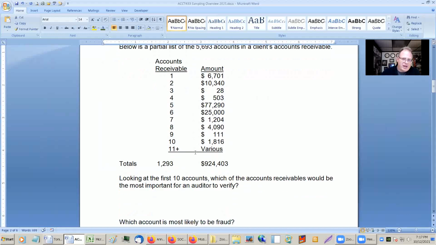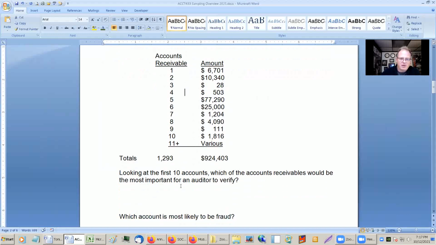Looking at 1 through 10, which ones would be the most important for you to look at? If you're an auditor, which one of these 10 items is probably going to get your attention? The ones with the high dollar value. 5 and 6 probably would be the two that you'd really want to look at.